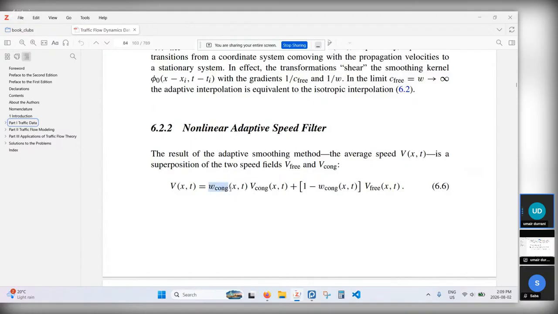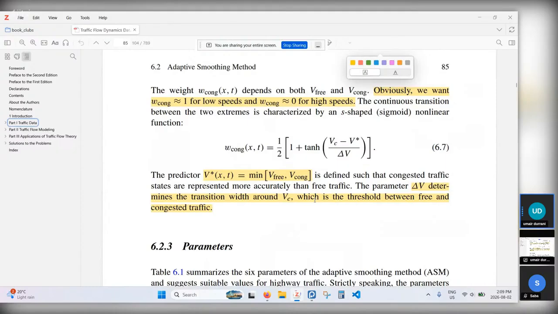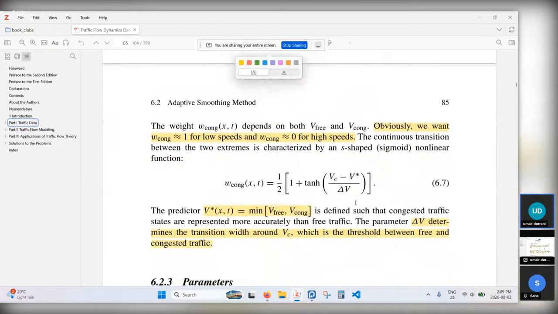We consider the weight W congested for the congested speed and 1 minus W congested for the V free speed. So we are weighing them depending on the conditions. And so if there are more congested conditions, then obviously V congested will have more weight. And so this needs to be calibrated.